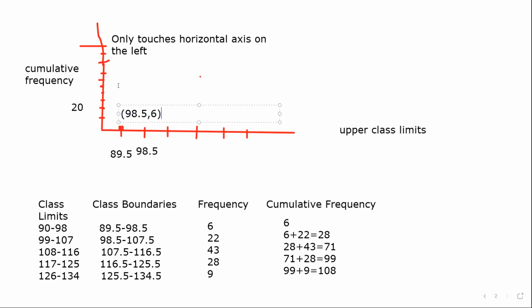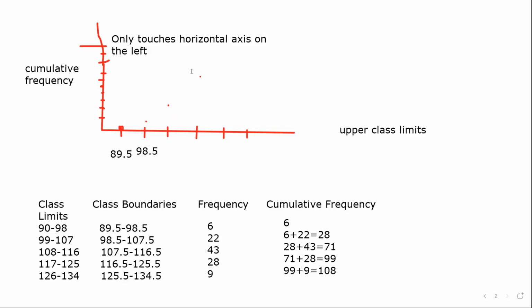And then I'm going to have this second point. Oh, I've got an extra dot. That's why. Trying to undo the dot, not the number. But I'll have to put it back. Okay. So I've got my 98.5. I've got my 107.5. I've got my 116.5.